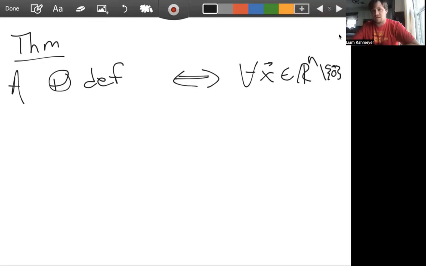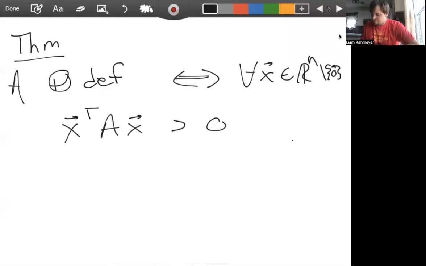Remember the backslash is the set minus. So this is n-dimensional Euclidean space except the origin, right? So it's like you punctured the origin out. If we have that for every non-zero vector x, we have that x transpose A x is positive.